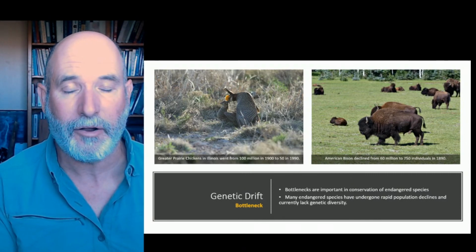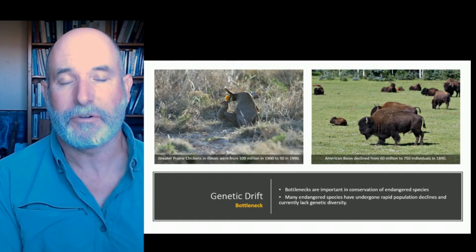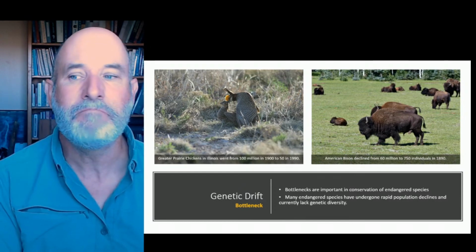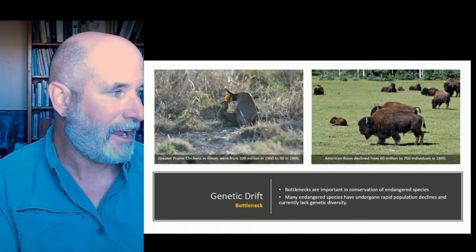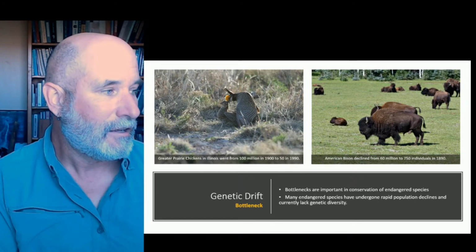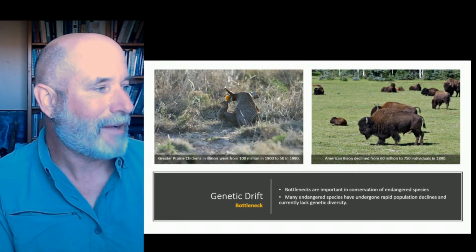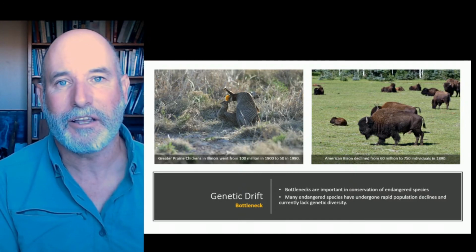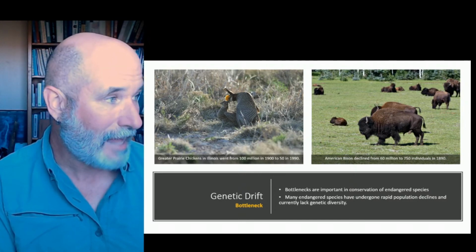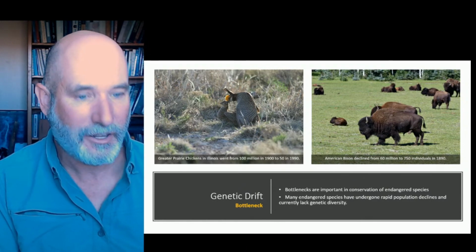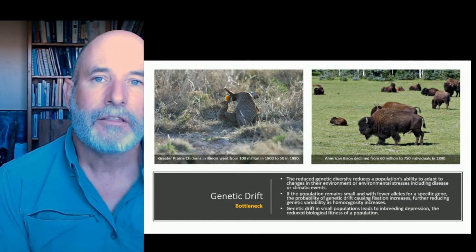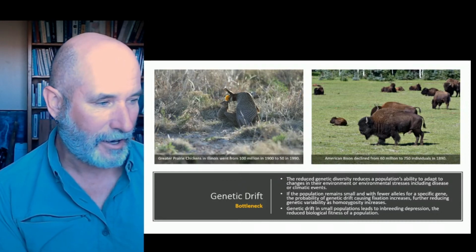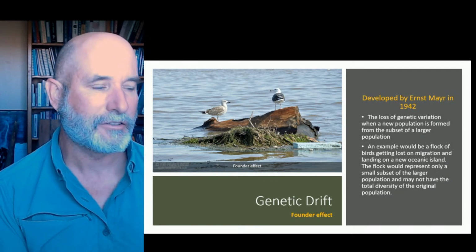The greater prairie chicken has declined precipitously throughout much of its range, and the American bison, of course, declined from 60 million individuals in the early 1800s to around 750 individuals by 1890. That is tiny. There are a lot more bison now, but the genetic variability of these populations has been greatly reduced because they've gone through bottlenecks.